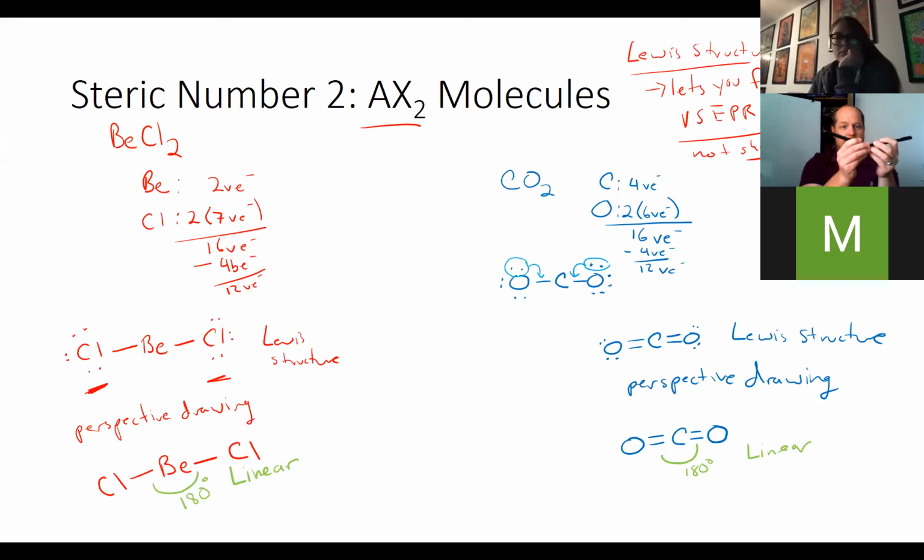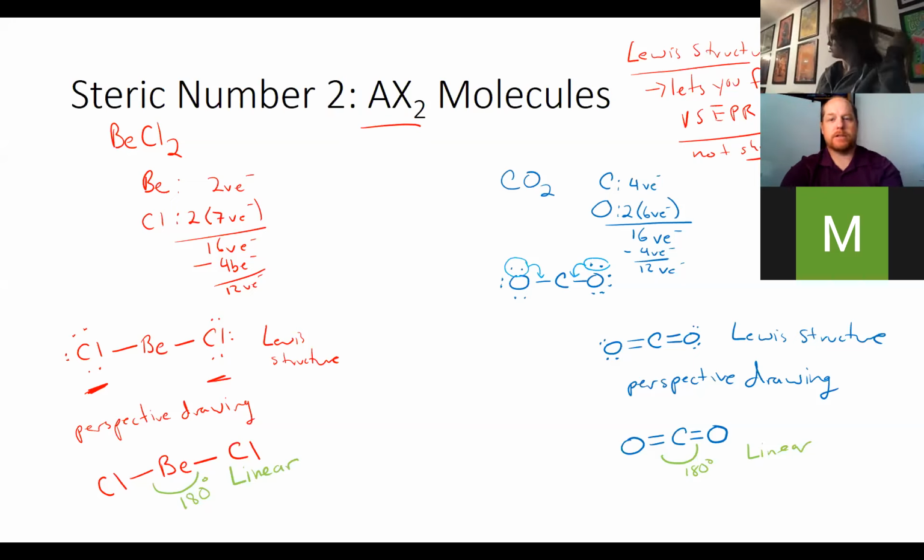Well, if you think about it, if my pen's here to represent the bonds, the way those electrons get as far away from each other as possible is if they're directly opposite each other on that central atom, that central point. So if they're directly opposite each other, that leads to a bond angle of 180 degrees. And if you have some things that are 180 degrees apart, it's going to give you something that is overall linear.